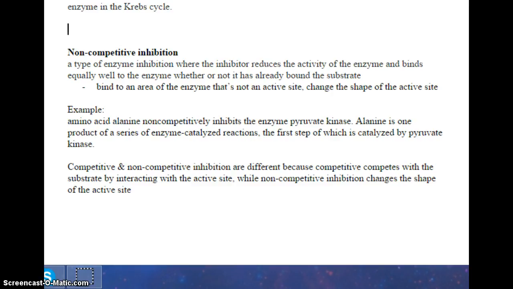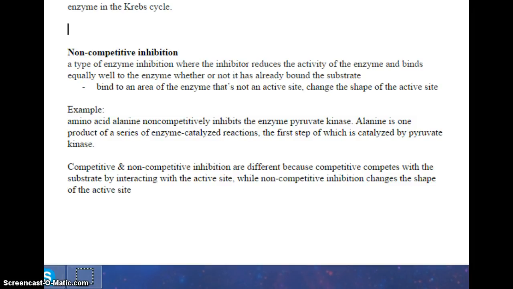So pretty much non-competitive inhibition is when the inhibitor binds to an area of the enzyme that's not an active site and changes the shape of the active site. And an example is the amino acid alanine, which non-competitively inhibits the enzyme pyruvate kinase.